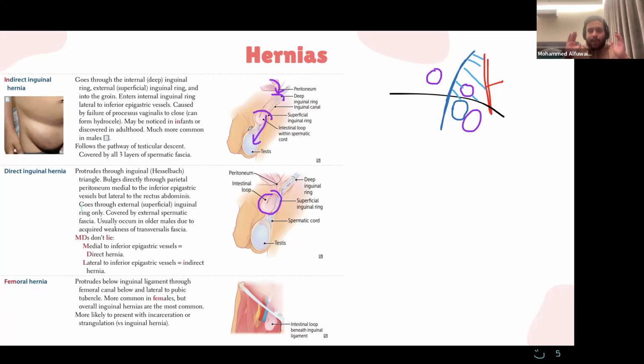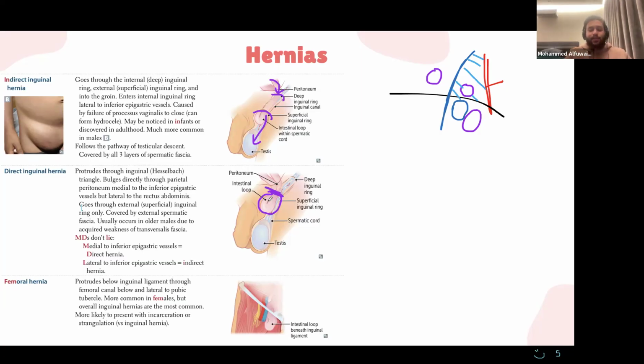However, if a patient presents with a hernia like this, and you try to reduce it, and it can't move backwards, this is what we call an incarcerated hernia. If this loop of bowel obstructs the rest of the bowel, this is what we call obstructed. And the last is a strangulated hernia, where the blood supply to this portion is cut off and it will be infarcted.